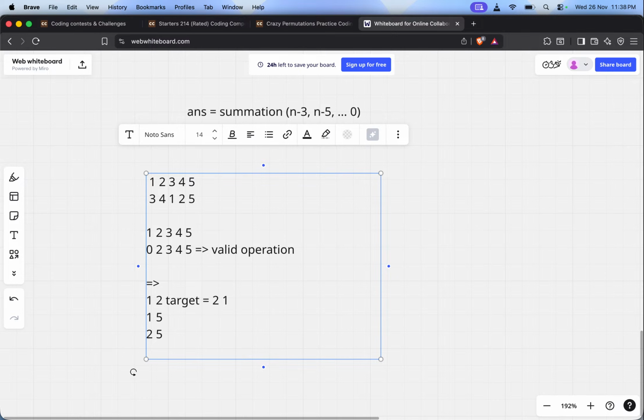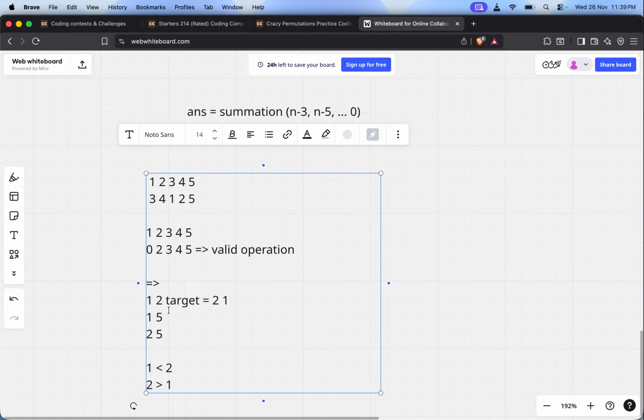Why? Because the first number, let's say initially 1 was smaller than 2. Now 1 increases to get transformed to 2, and initially 2 was greater than 1.